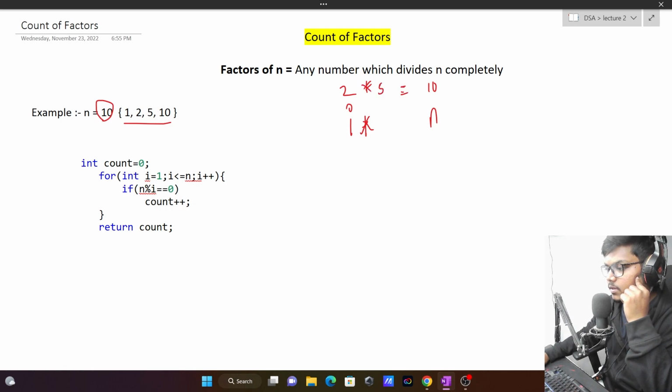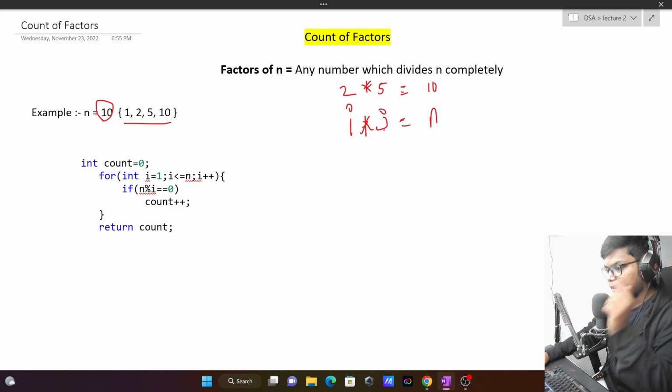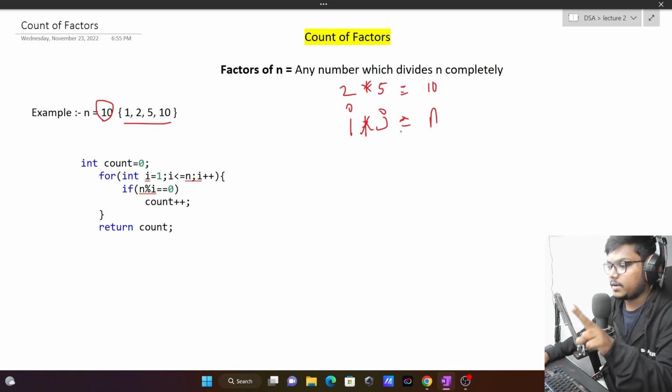I have to multiply with 5, right? So in a general way I can write i into j equal to n. Can I write like i into j equal to n? Yes. So for any i and j, these both are factors of n.